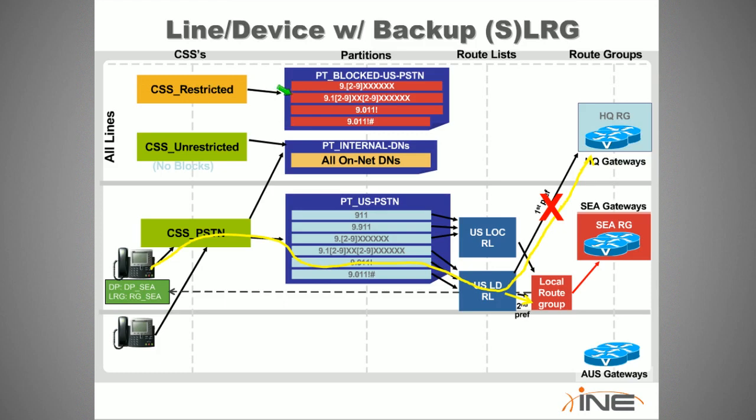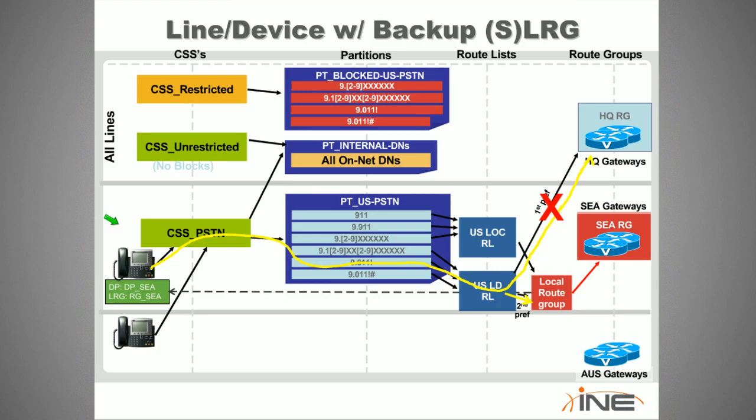What was our reason for having the line device approach restricted up here? What was the reason for splitting out line CSSs, which denoted class of service or class of restriction, versus device calling search spaces, which denoted the path selection or site-specific call routing?